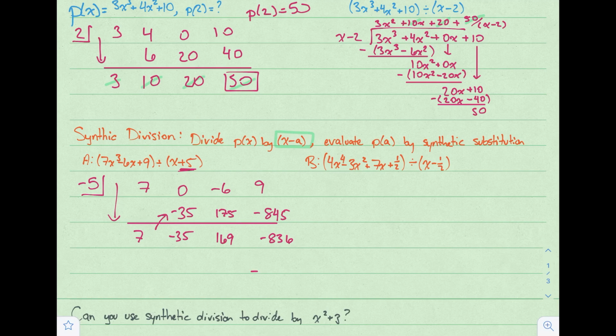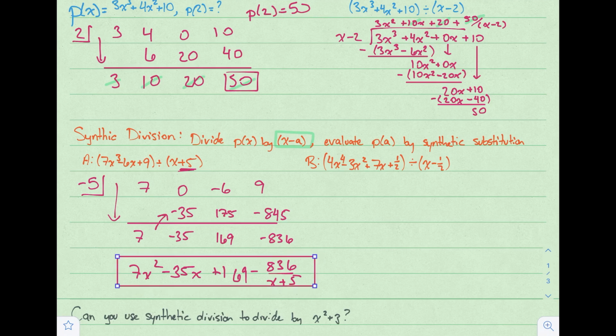So -836 is our remainder. 169 is our constant term. -35 is our x term, and 7 is our x squared term. So that is the quotient of 7x cubed minus 6x plus 9 divided by x plus 5.